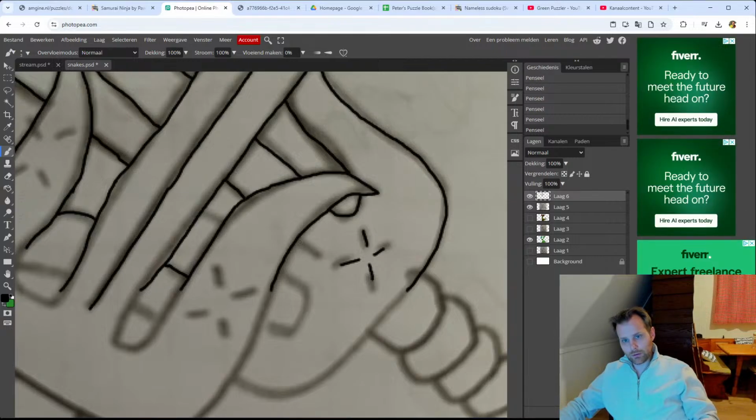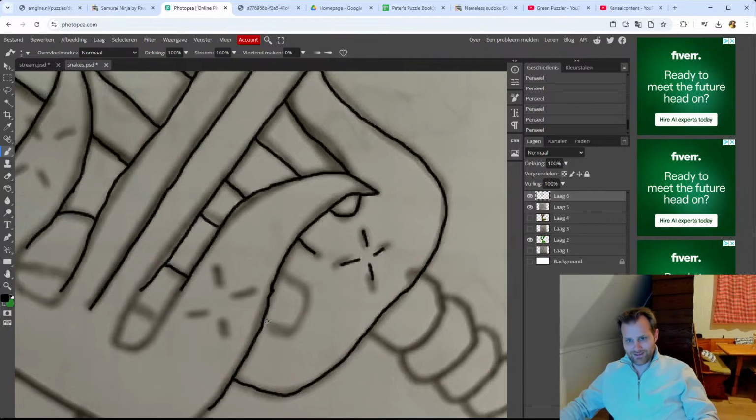So a little stroke there. Now I'm feeling a bit like Bob Ross, like a little happy tree there. And I'm not claiming that I'm as good as him, not at all.